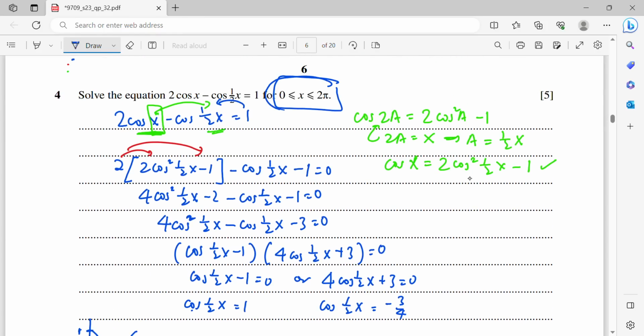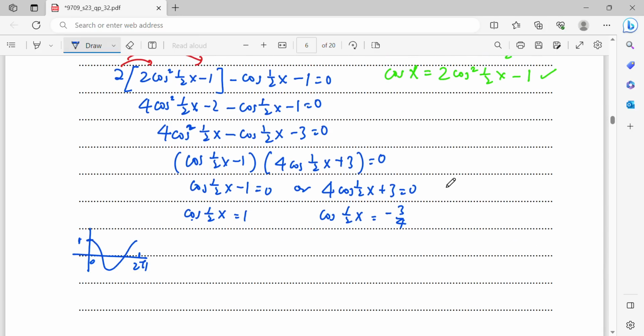Be careful with this. This is for x. Now we are solving half x. So look at here, the x defined from 0 to 2 pi. That means your half x will define from 0 to pi, which means now you can only accept the values from 0 to pi. So the 2 pi is not accepted. Then I will get half x equals 0.